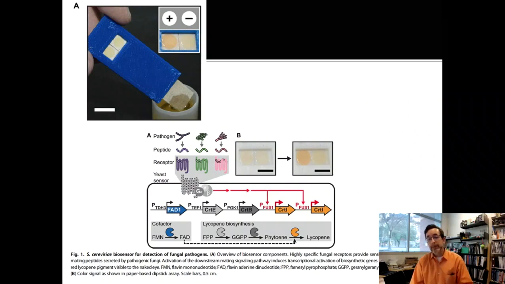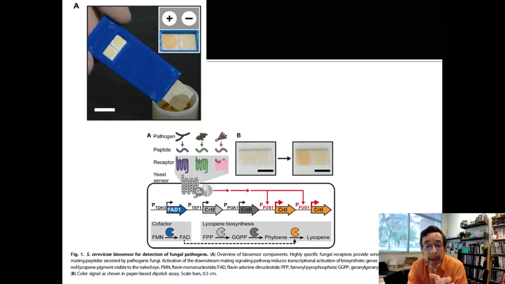And the reason why this works is because you can switch out the different receptors for different peptides that come from different pathogens. They got fungal receptors for sensitive response to mating peptides secreted by pathogenic fungi. The main thing is they got 3 very different receptors, and they just plugged each of them into different yeast, and they made a different biosensor as a result.